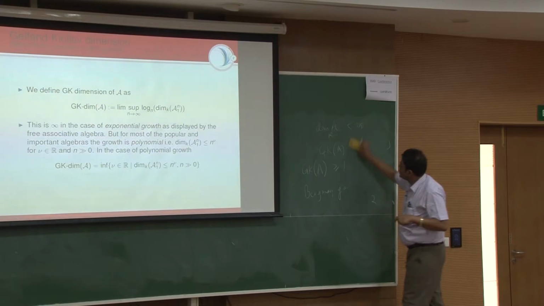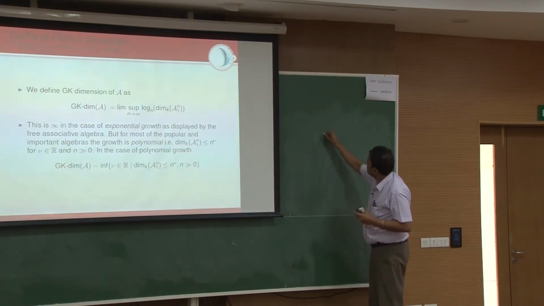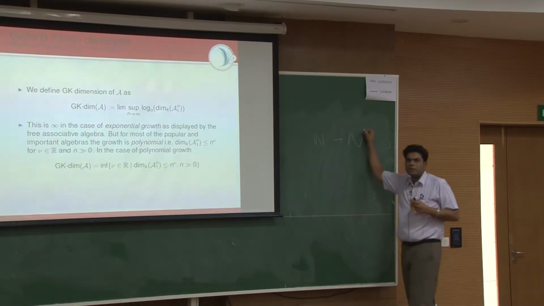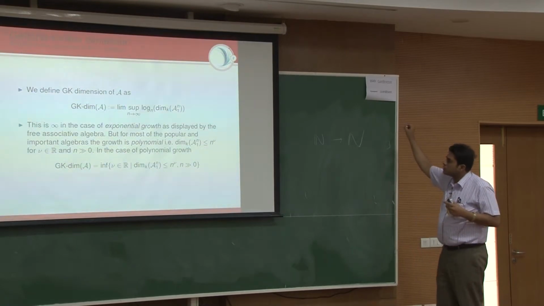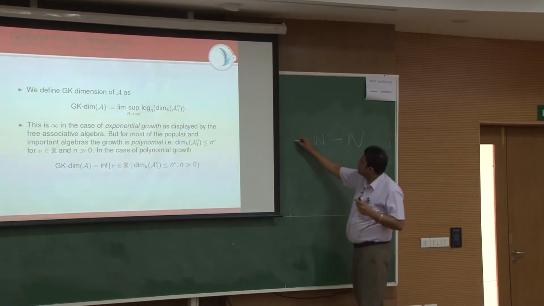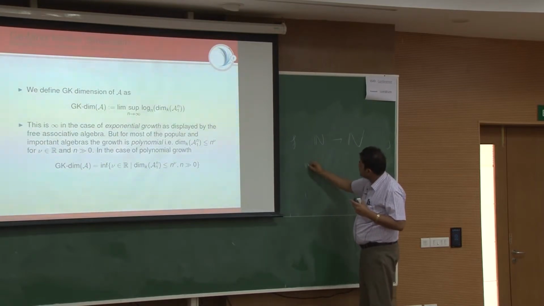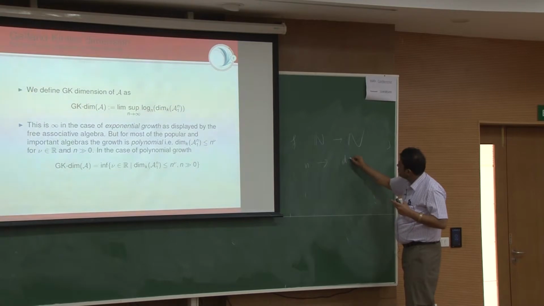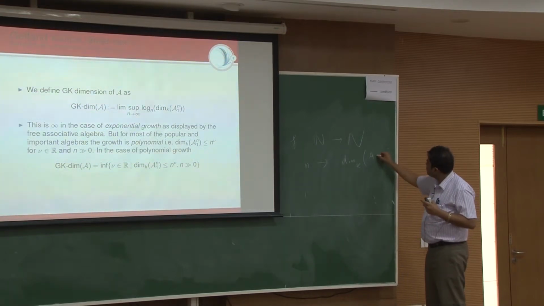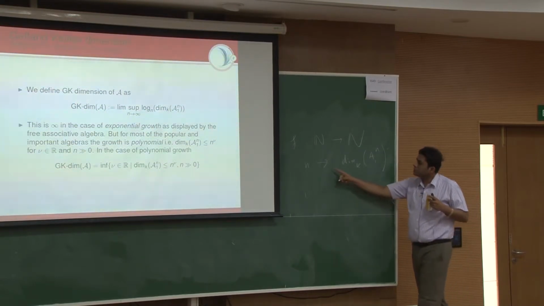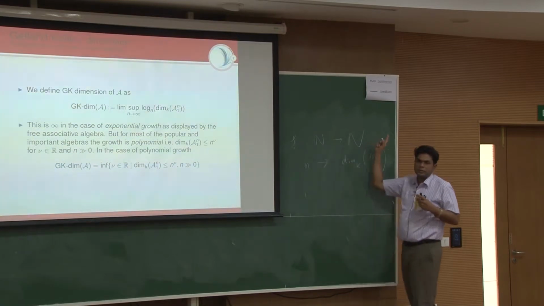This sequence is nothing but a function from N to N, because for every n I can get the dimension of this A1 to the n. So this assignment is nothing but a function from naturals to naturals.